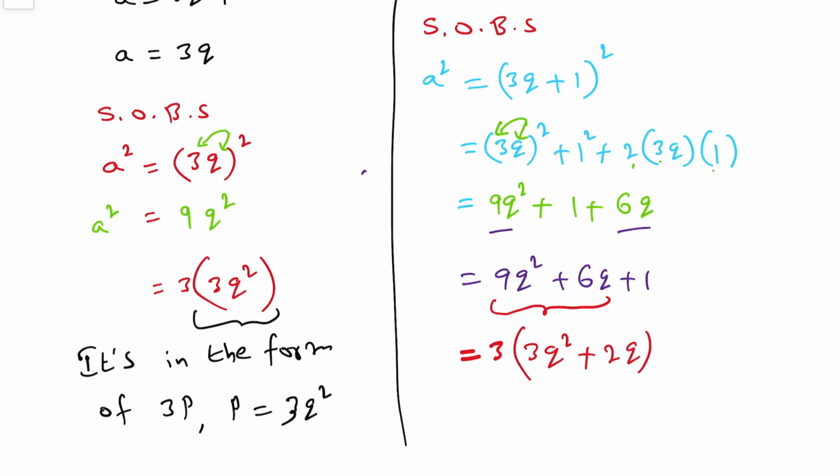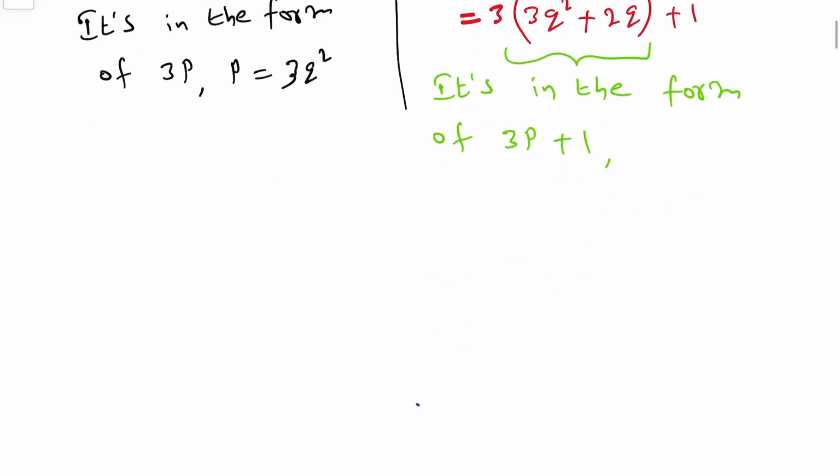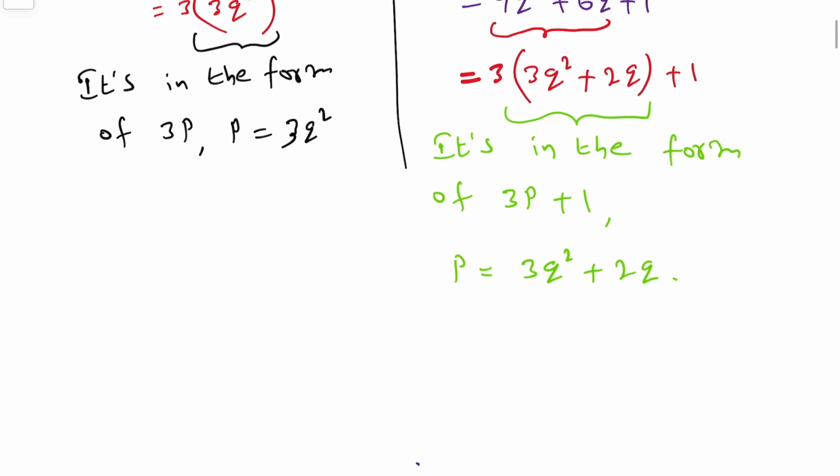So plus 1 again I am writing separately. Now if we check this one, this is in the form of 3p plus 1. This bracket whole I am replacing with the variable p. So where p is equals to, what is there inside of the bracket, 3q square plus 2q. So 0 remainder completed, 1 remainder completed.